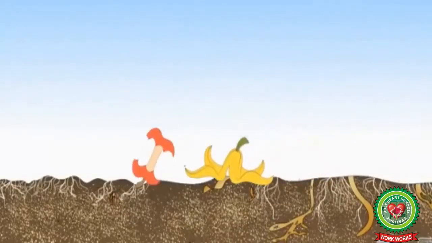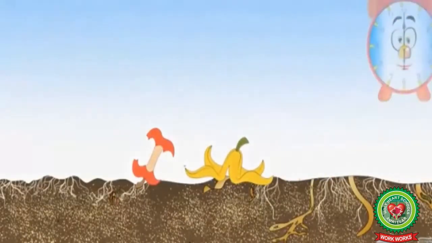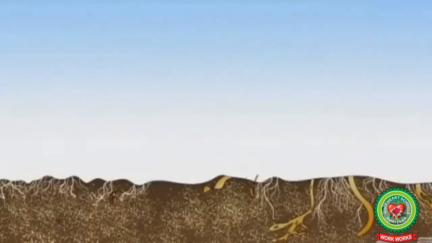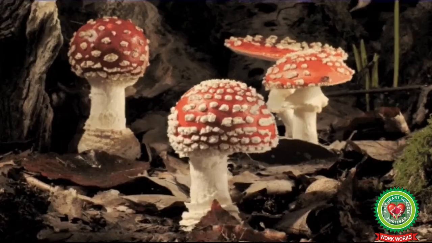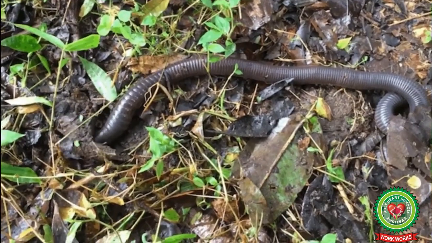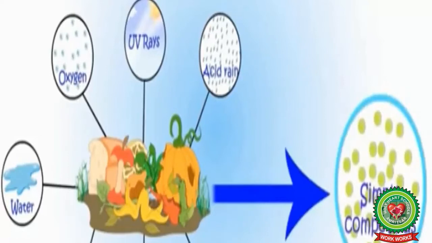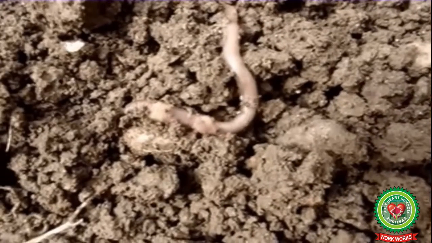So students, biodegradable waste is that which can be broken down by microbes like bacteria, fungi or small insects into simple compounds and that mix with the soil.